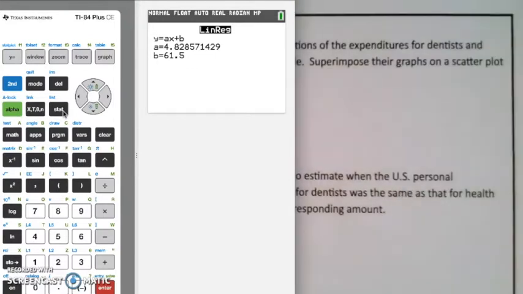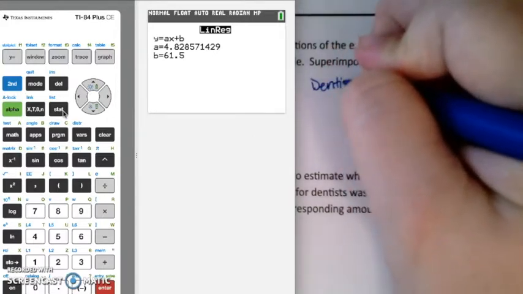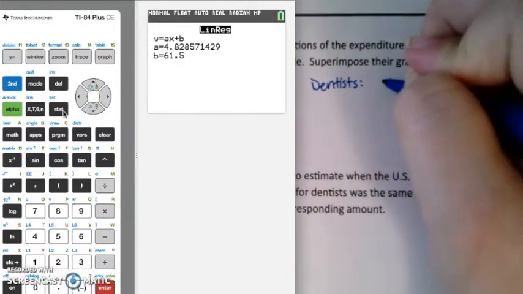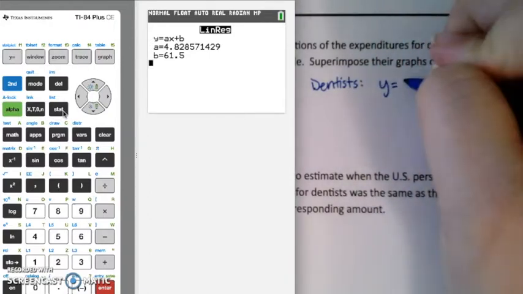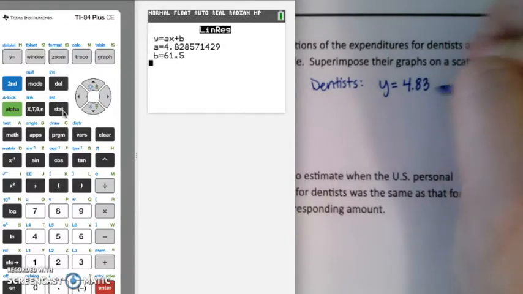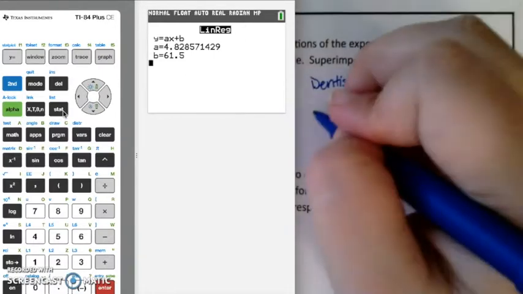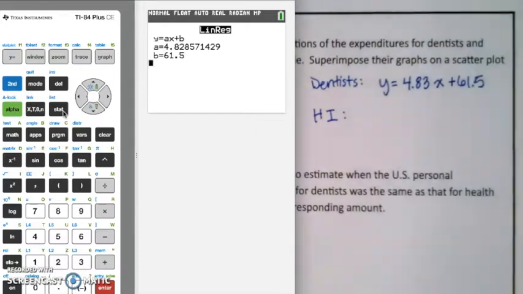And what we end up with is, for the dentist, we have y equals 4.83x plus 61.5.